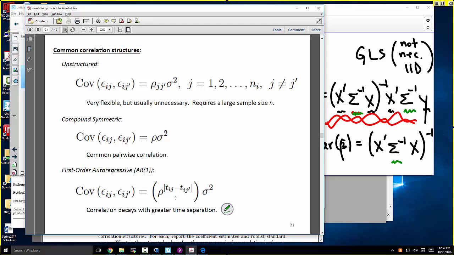If you have a spatial orientation of numbers, it is sensible to think that the direct neighbors to a region would be more correlated with this location than locations that are far away. That's called an autoregressive model. This specifically is a first order autoregressive model, or in our syntax we'll be calling it AR1.